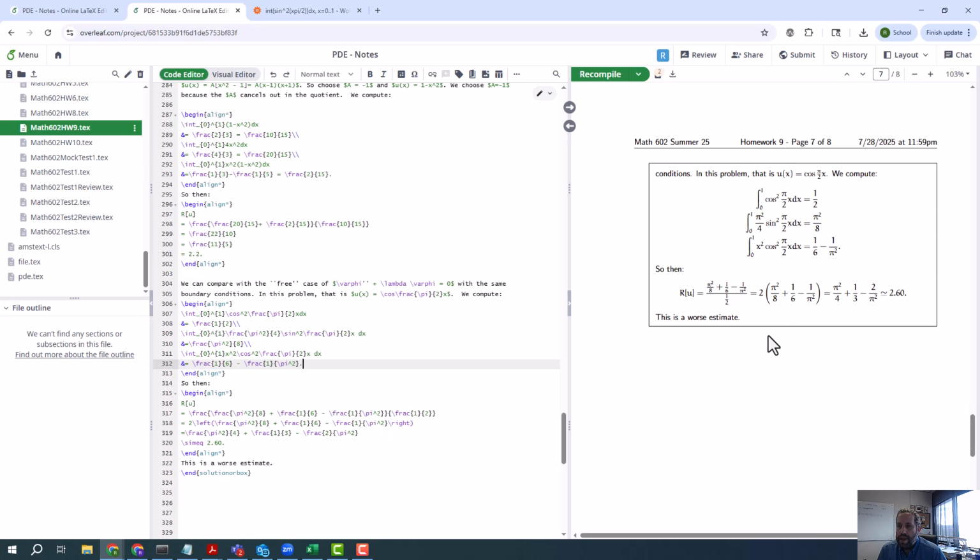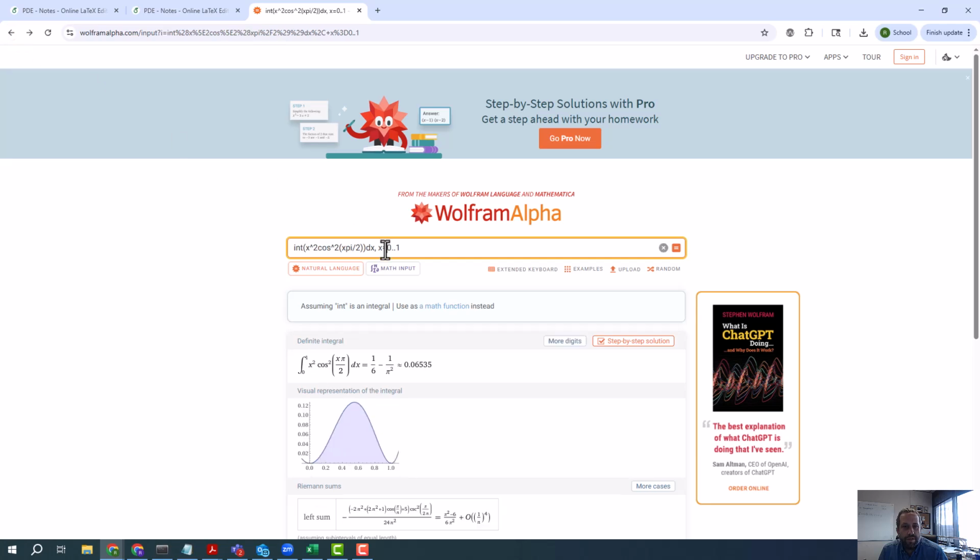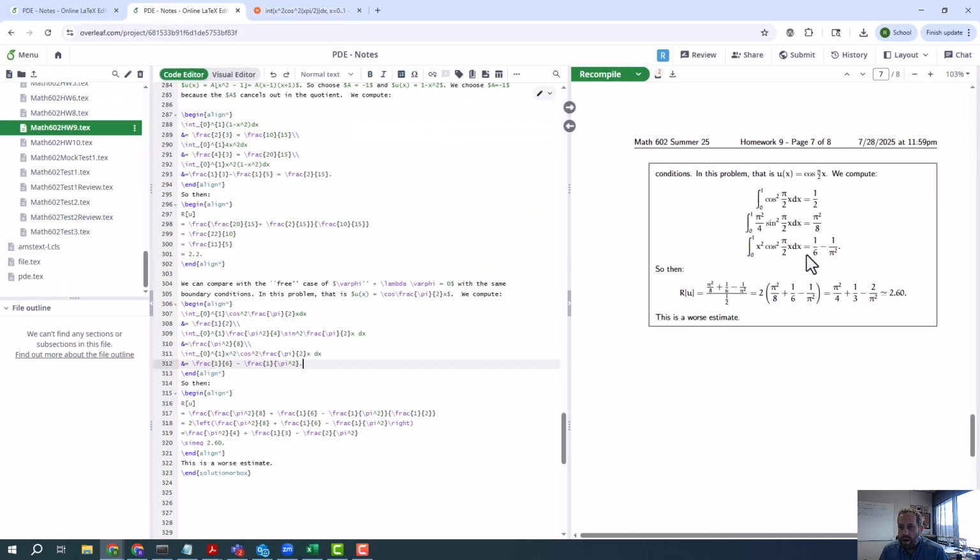And then x squared cosine squared was the one that gave us 1/6 minus 1 over pi squared. Okay, so the 1/2 comes out as 2 eighths, 4, 3, 2. All right.